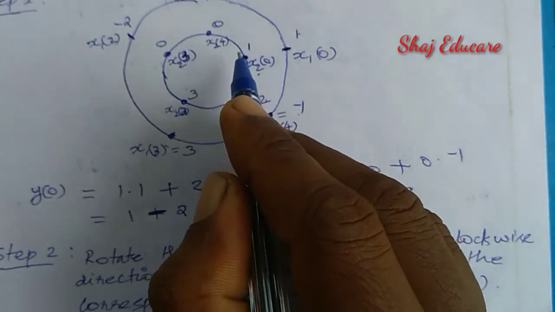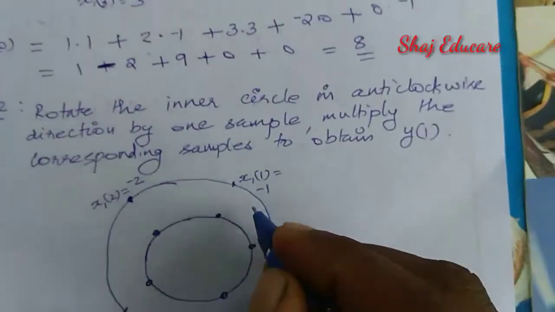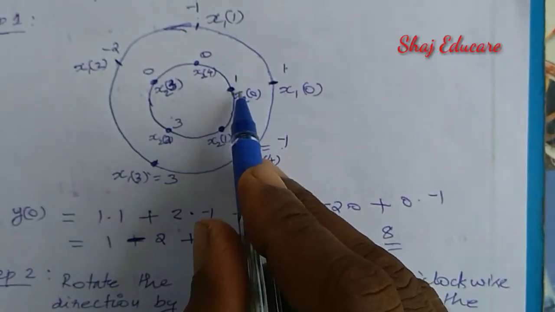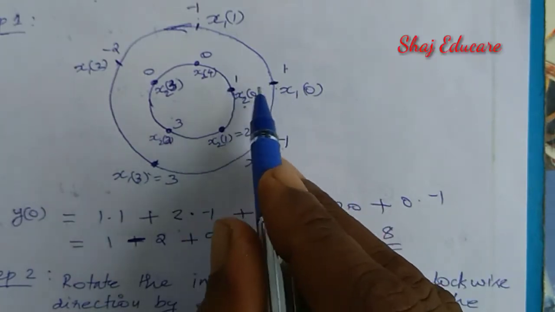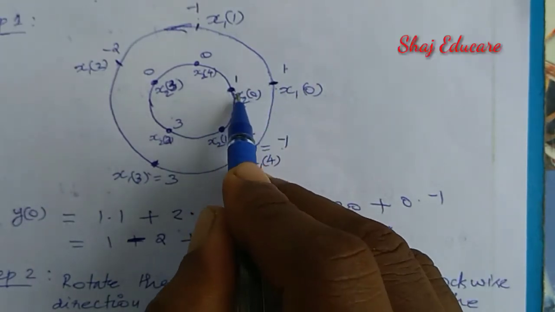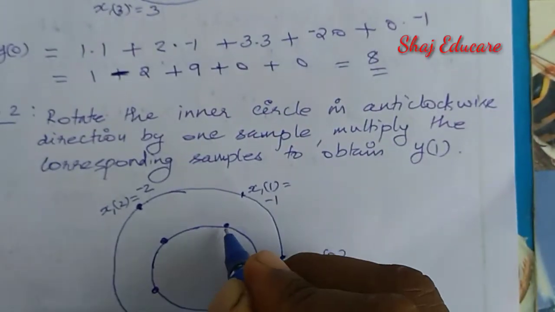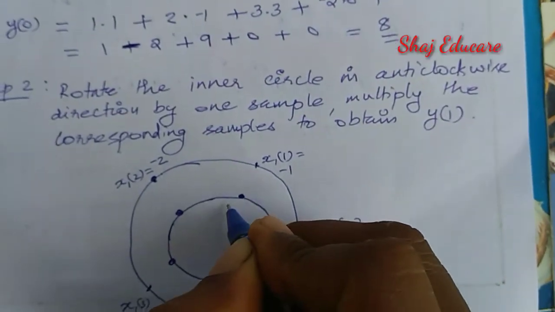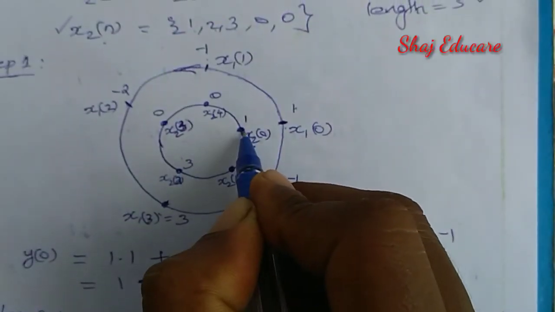So x2 of 0 should go to the x2 of 1's place. Previously it was along this line with x1 of 0. Now that will be with x1 of 1. So this should be our new x2 of 0, just rotated by one sample.